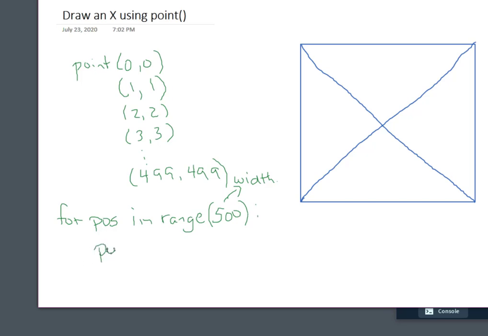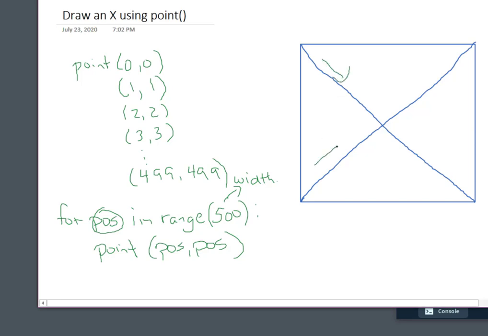Then I'm going to draw a point at position, position. It doesn't matter what variable name we use here, but we should be using meaningful variable names. I could use I here, then I'd have point I. That wouldn't be too bad, but if I use X, it may be misleading. So I'm going to use POS for position, or I might have used the word position, and then use position in each of these. Okay, so that's going to get me the line going this direction.